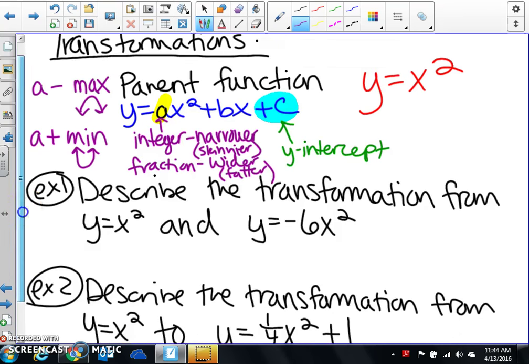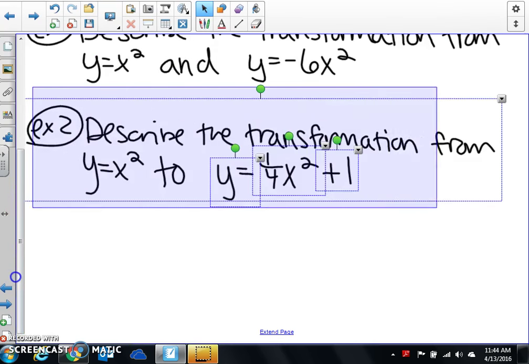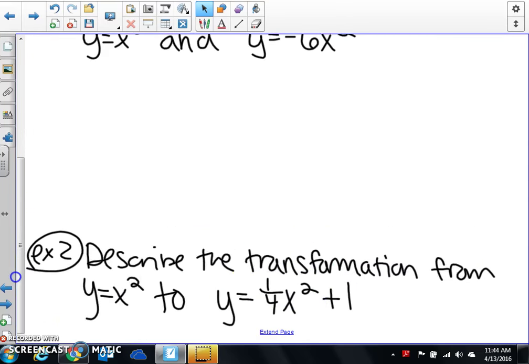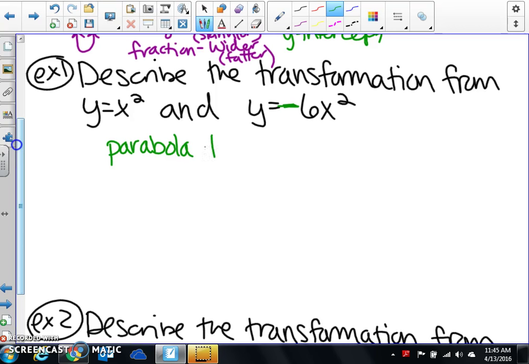All right, so let's look over here. Describe the transformation from our parent function, which is y equals x squared, to y equals -6x squared. So first of all, our parent function is positive. Over here, we've got a negative. So immediately we know our parabola will be turned, or let's just say pointed downwards.